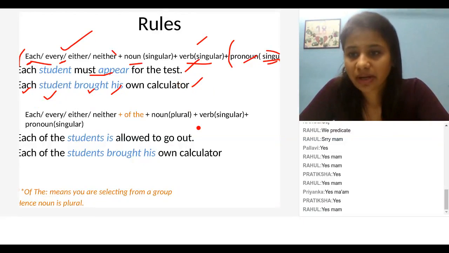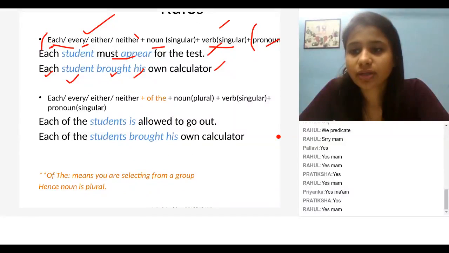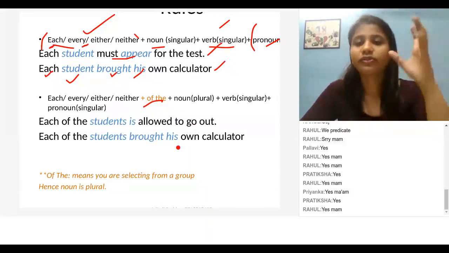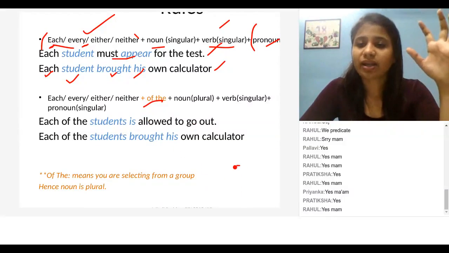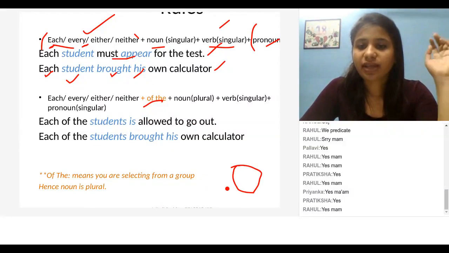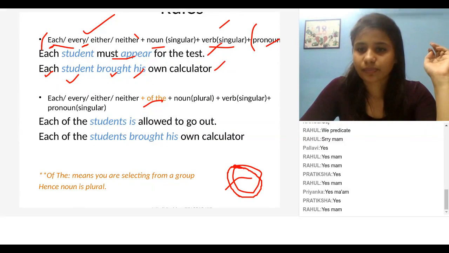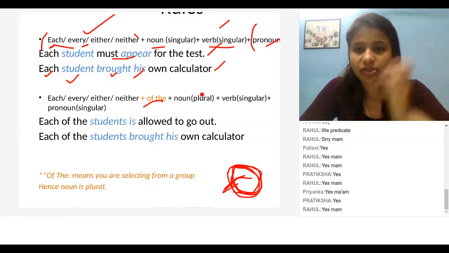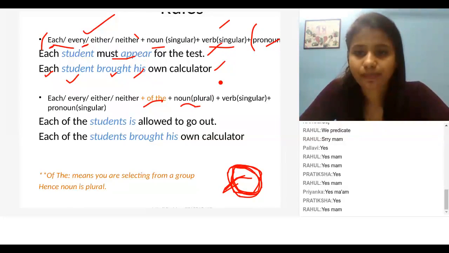But if you have the words "of the" in between, what does "of the" mean? "Of the" means you're selecting out of something. Each of the means each of these. Suppose this is a group of students, a classroom of students. Each of these students means I'm talking of each of this collective group of students. So then the noun has to be plural.